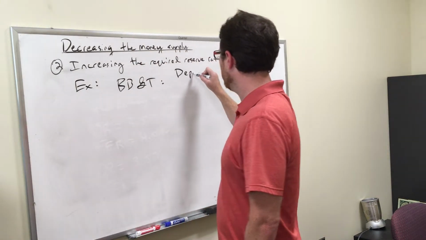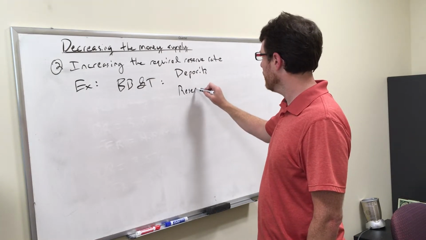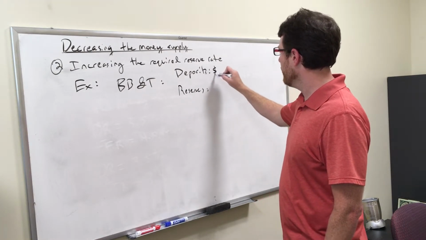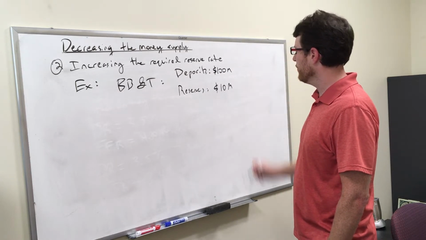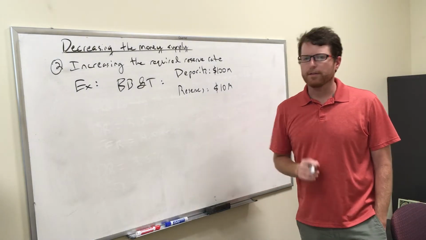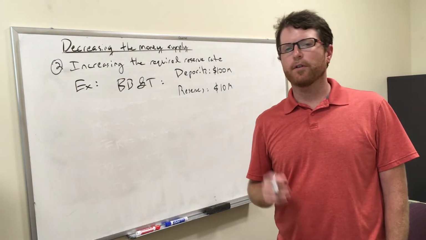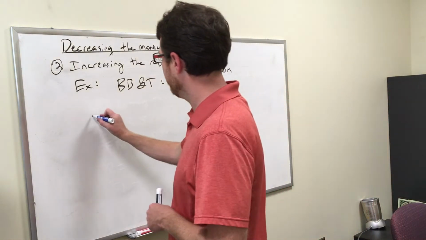Maybe it has this situation. Maybe it's got $100 million in deposits and $10 million in reserves. Right now, that means this bank is right up against that 10% required reserve rate, so they're loaning out the maximum.